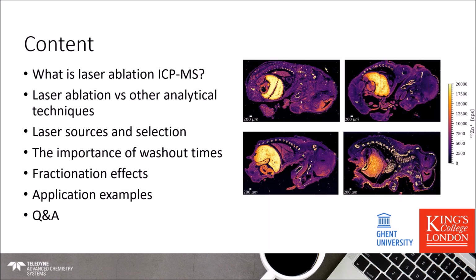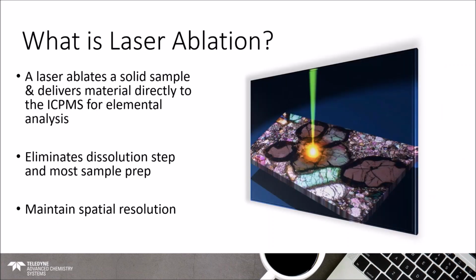Okay. So for starters, what is laser ablation? Well, in its most basic form, the idea of laser ablation is that we're going to take a beam of concentrated light, we're going to blast the surface of a sample, which could be of a variety of things, and when we do that, we're going to ablate it. We're going to remove some amount of material from the surface of that sample.